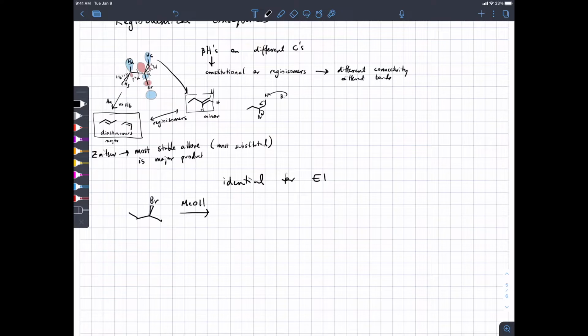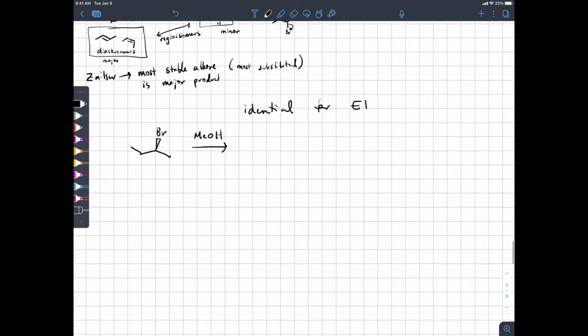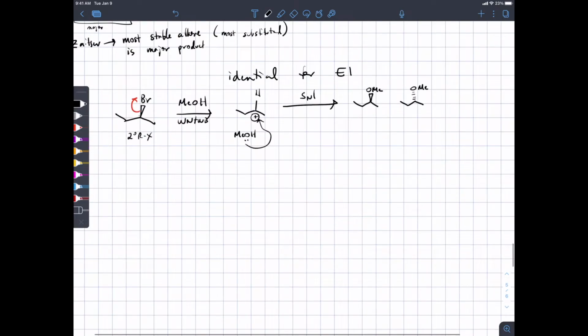And if we use methanol as our nucleophile, that's a weak nucleophile and a weak base, whereas our starting material is a secondary alkyl halide. So nothing happens until the leaving group leaves, and you get a secondary carbocation. The SN1 pathway has the methanol coming in and attacking the carbocation from above or below. I'm skipping to the very end because there's a subsequent deprotonation of an intermediate we have to deal with.